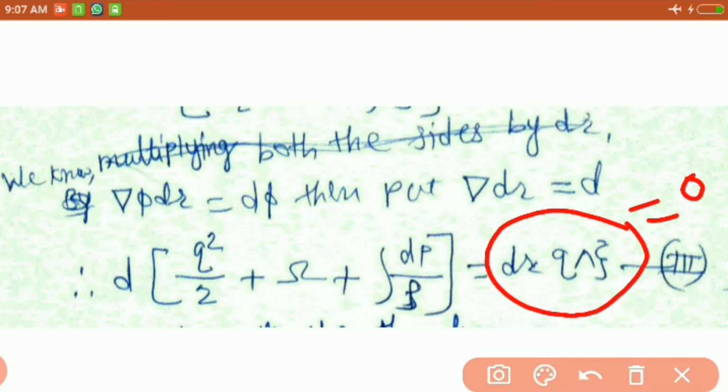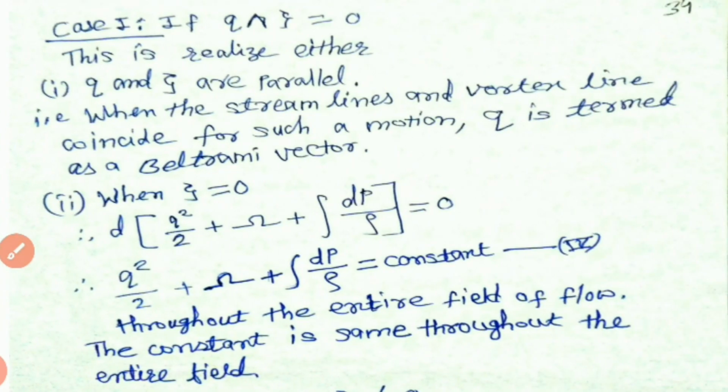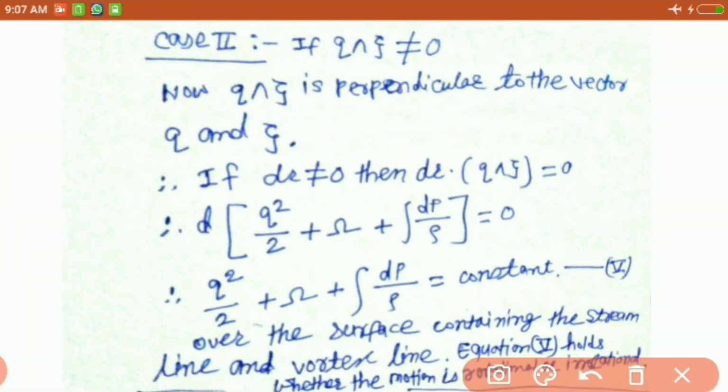This will be 0, and therefore we get q square by 2 plus omega plus integration dp by rho is equal to constant. This is equation fifth.